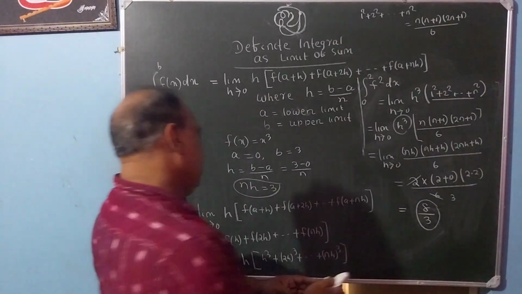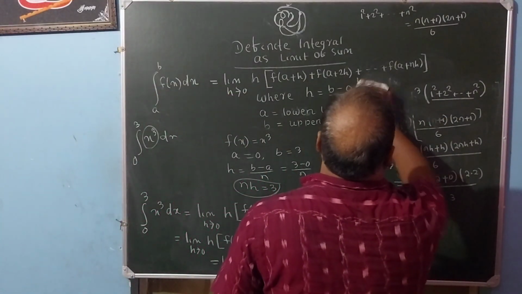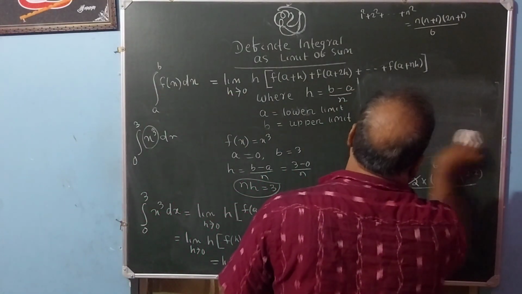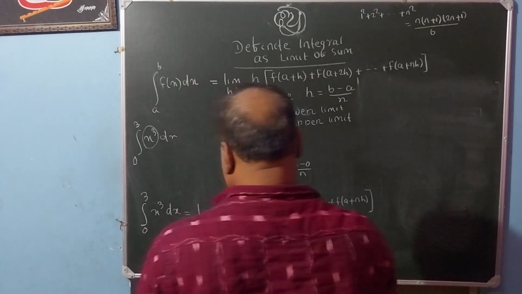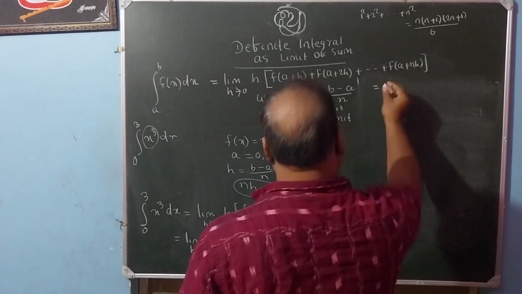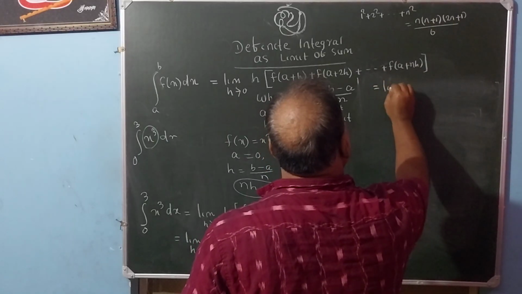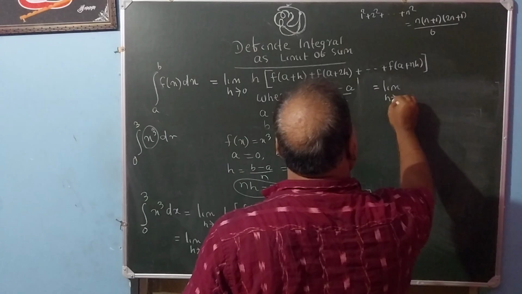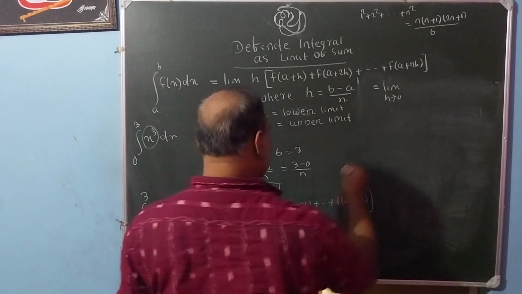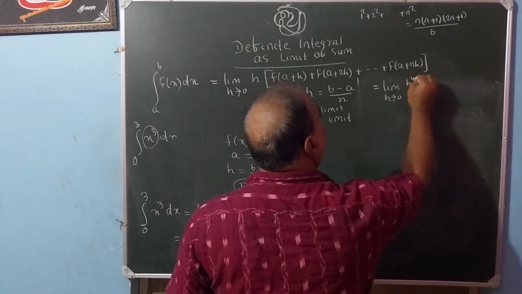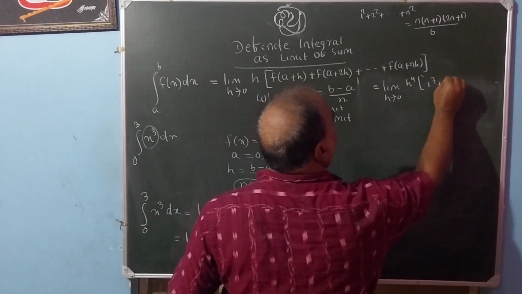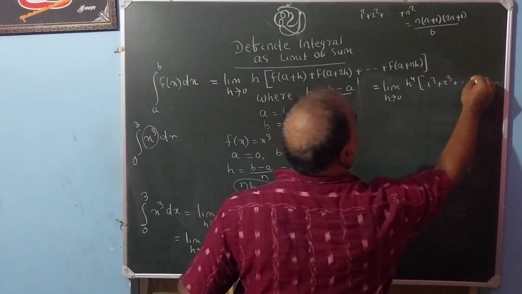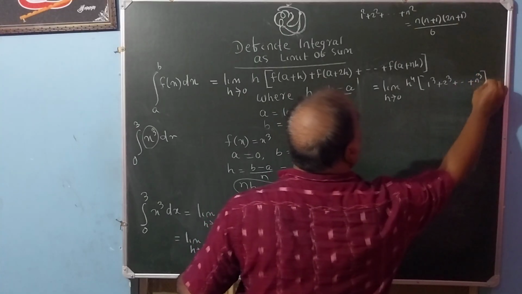Now you have to take h cube common. Taking h cube common, we get limit h tends to 0, h to the power 4, 1 cube plus 2 cube, dot dot dot, n cube.